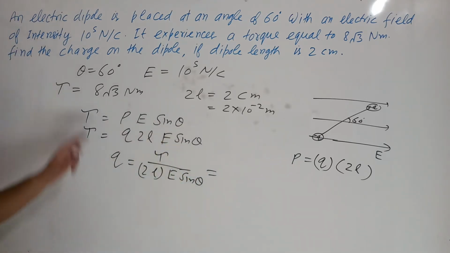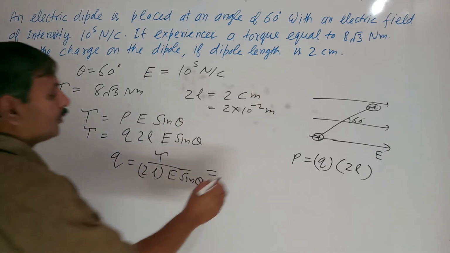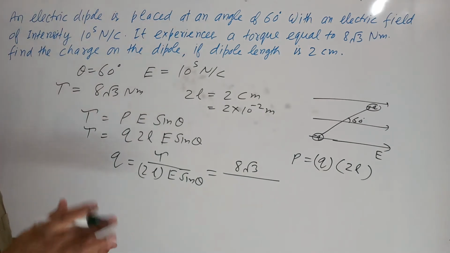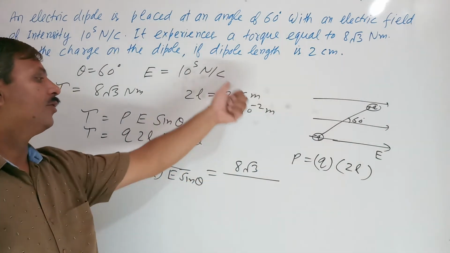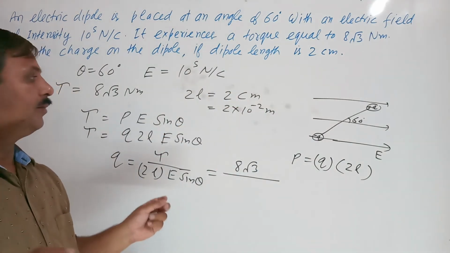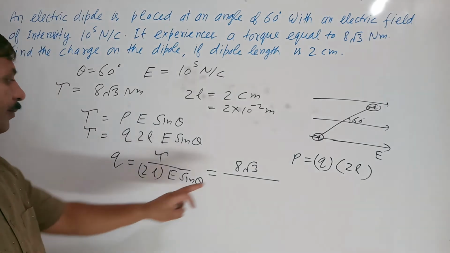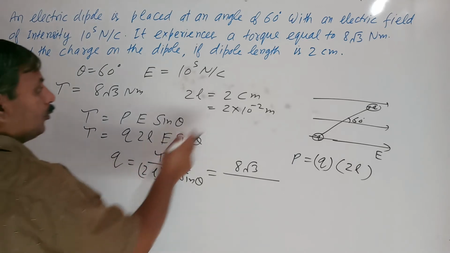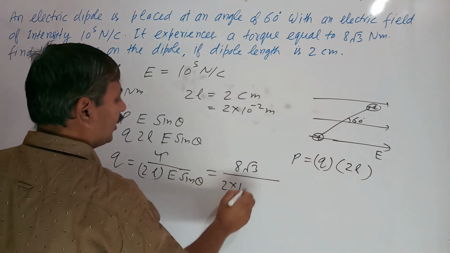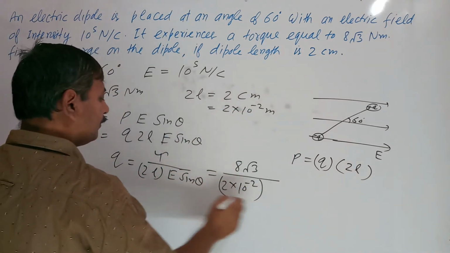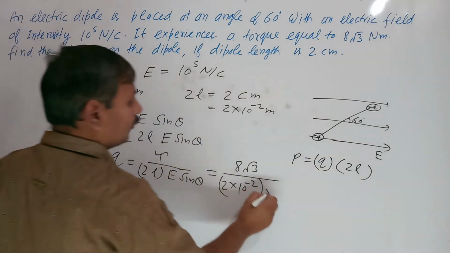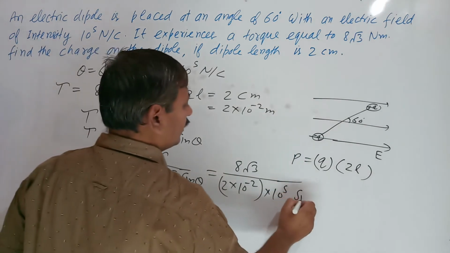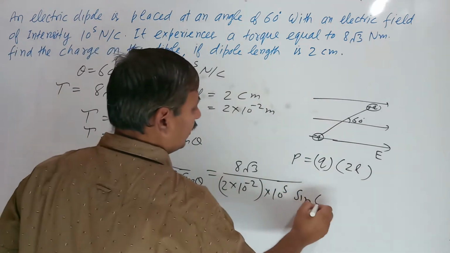Torque they have given is 8 root 3. Always remember to keep the MKS system or CGS system. So we have kept MKS, meter kilogram second, the standard unit. 8 root 3 upon 2L, which is 2 into 10 raised to minus 2, E is 10 raised to 5, and sin theta, where theta they have given is 60 degree.